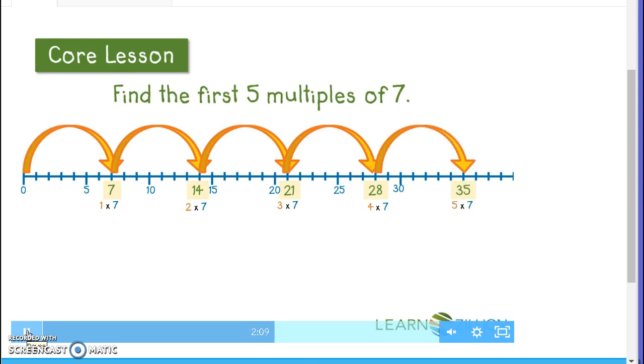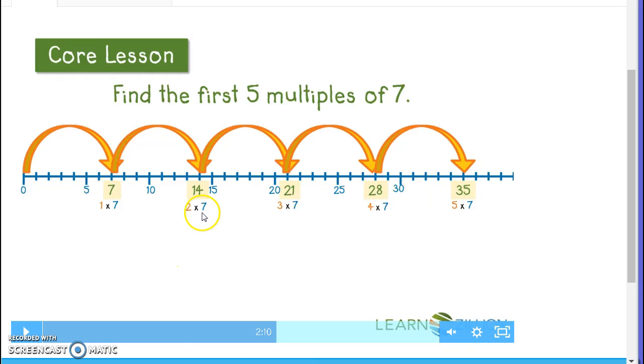So you don't necessarily need to write out this whole number line, but it just kind of gives you an idea about the skip counting. So really I could just write out 7, 14, 21, 28, 35, and then just put commas in between.